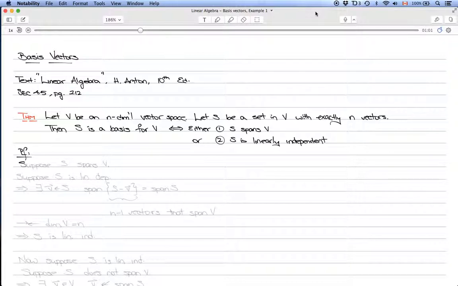So let's suppose that S spans V. And let's further suppose that S is linearly dependent.